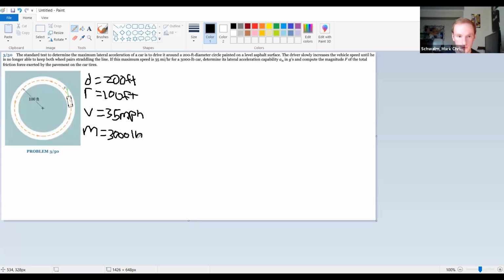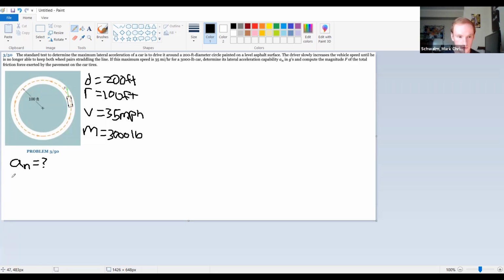And what we are going to be looking for is the acceleration capability, A sub n. Okay, so A sub n equals, and we want that in G's.